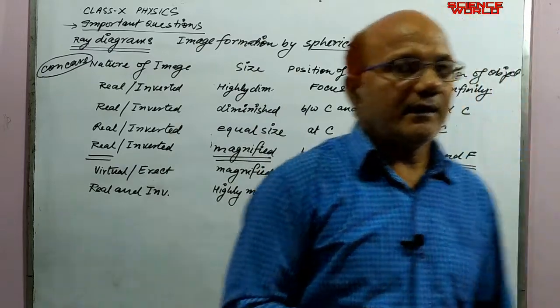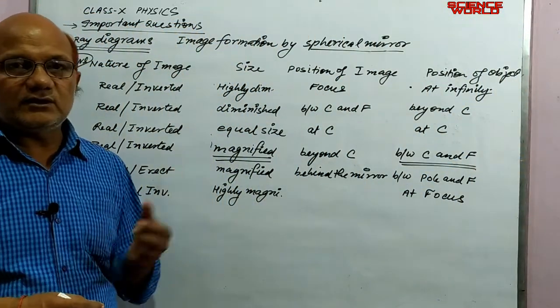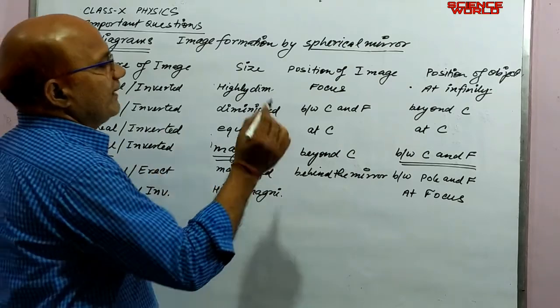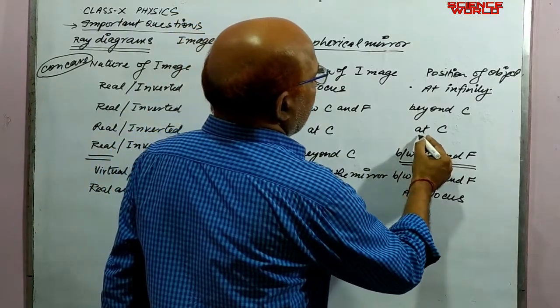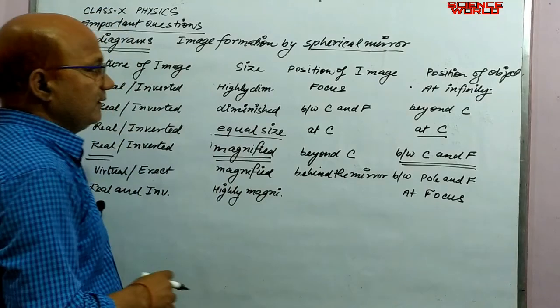Okay? And for what position will you get equal size of image? You can see when you place the object at center of curvature, you will get equal size of image.